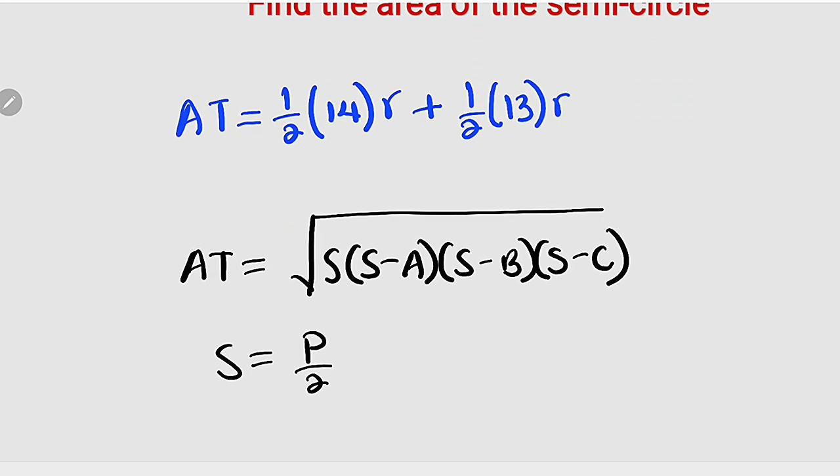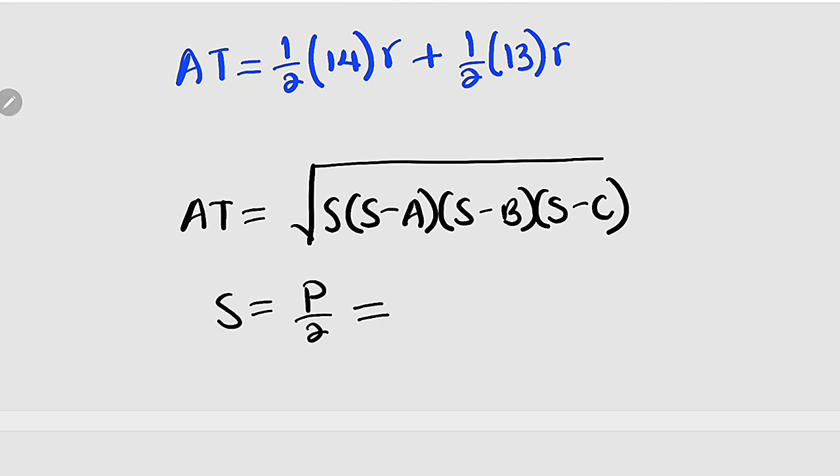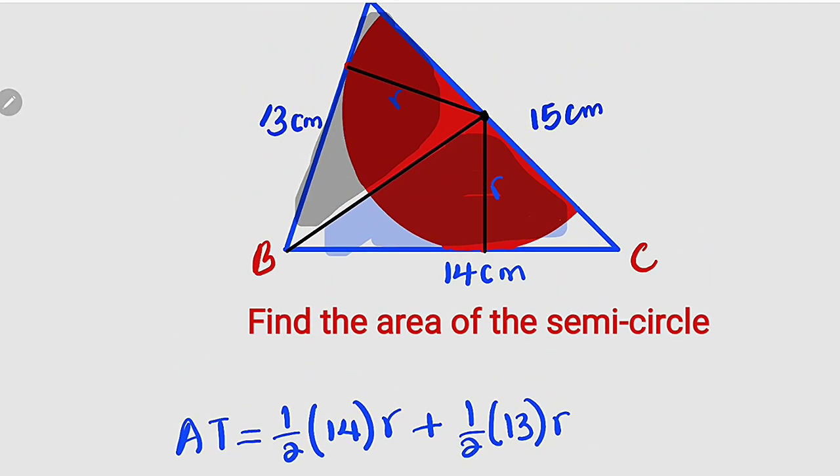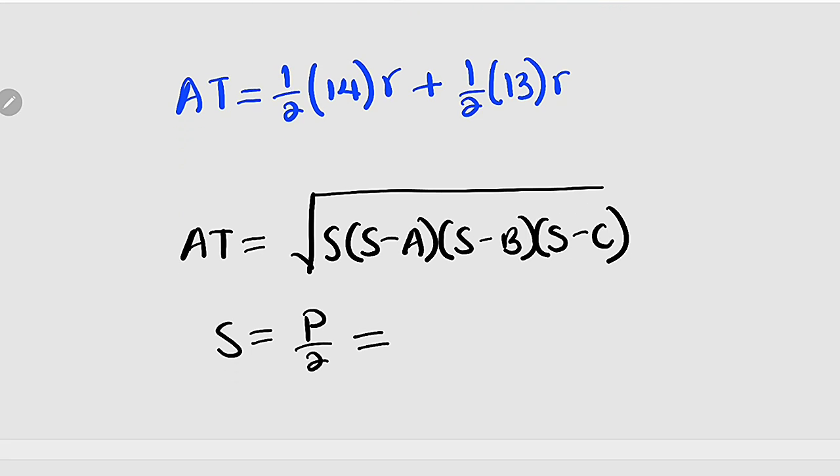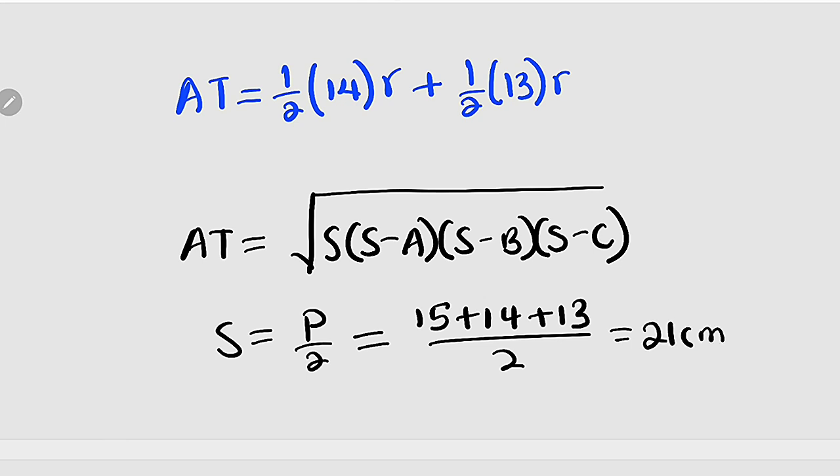So let us find the semi-perimeter first. The three sides are 15, 14, and 13, all divided by 2. If you add all of these together and divide by 2, this will give us 21 cm. Therefore, the semi-perimeter is 21 cm.